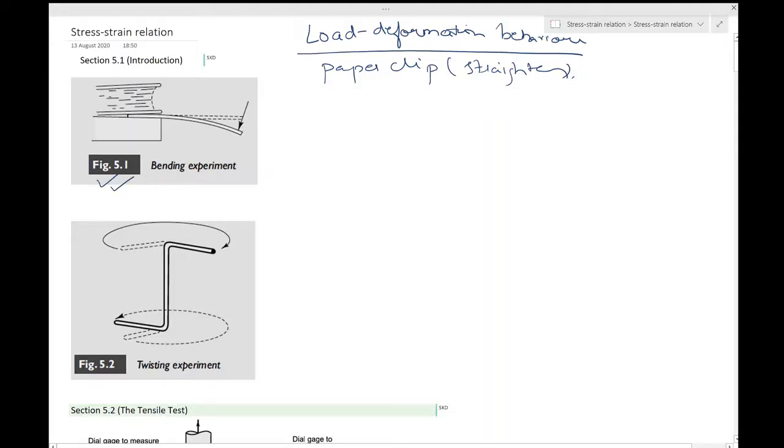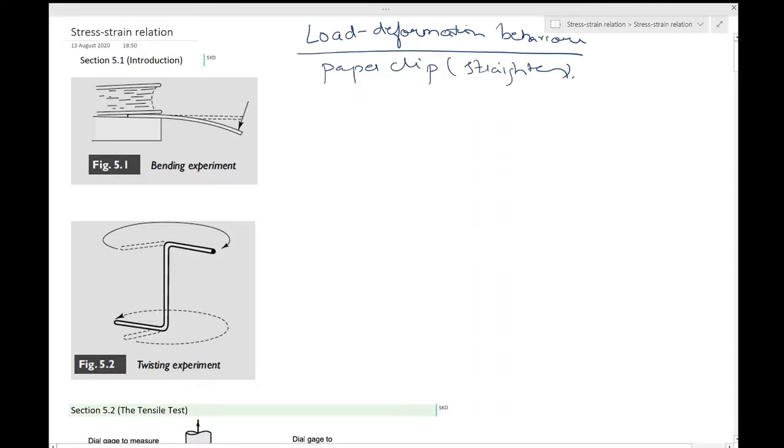Okay, so this is your straightened paper clip, and we are not telling you to do it with a needle or some other thing like that, just because this does not have any sharp edges, so it's safe to do all these things. Okay, so please get hold of a paper clip and put it like this between the book and the edge of the table. So this is the edge of your table, and that's how you do it.